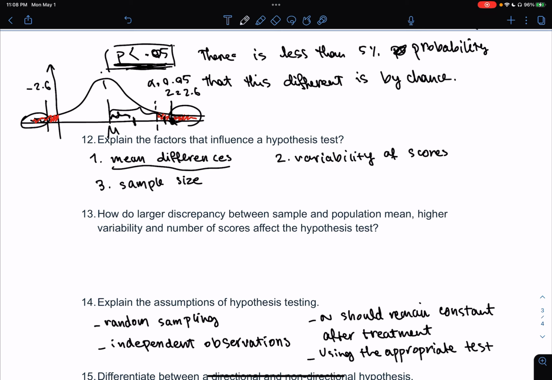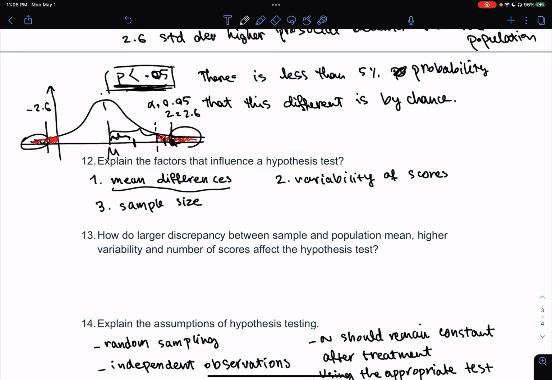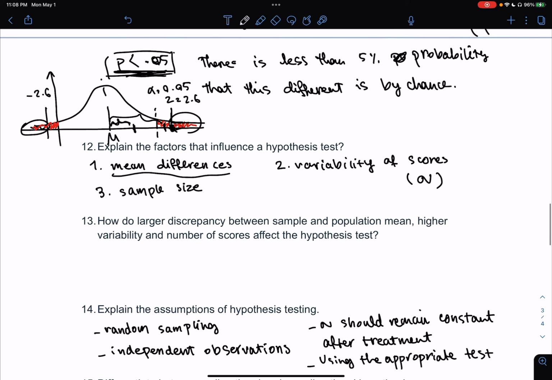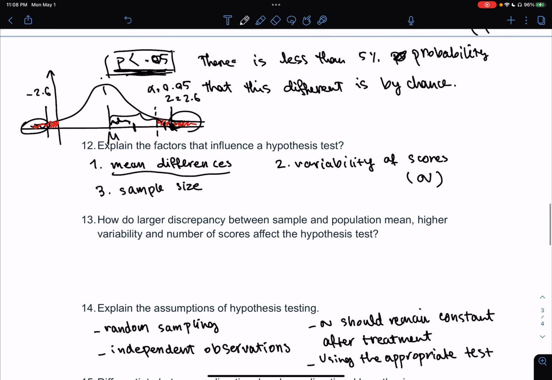Then variability of scores. The variability of scores basically means the standard deviation of the population, I believe, which is important when we want to find the standard error.